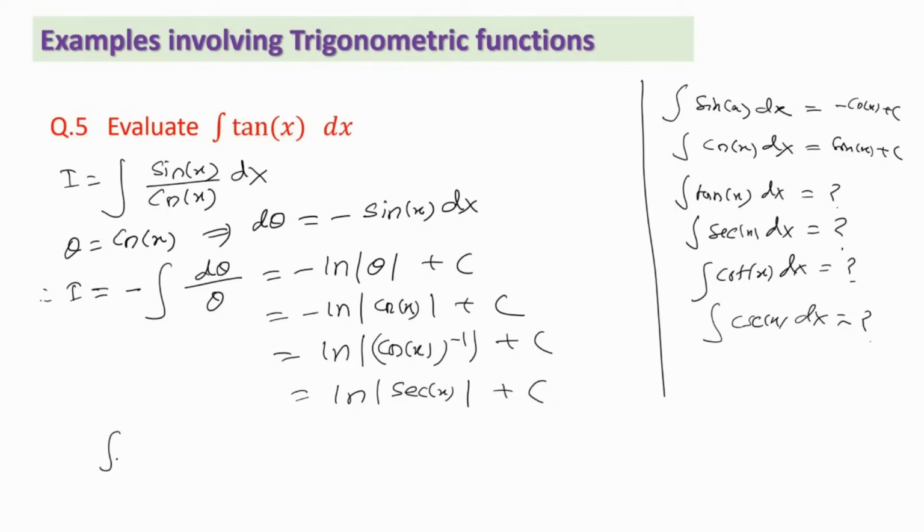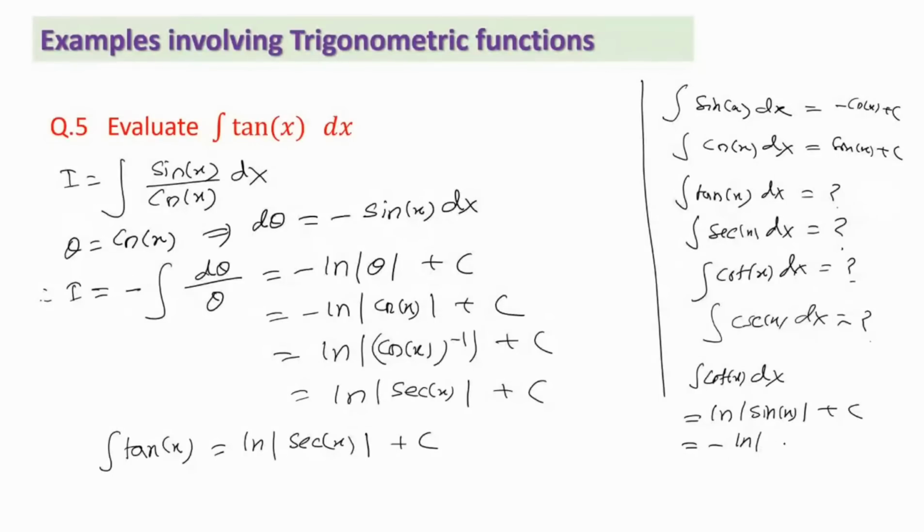So you have to memorize this formula: the integral of tan x is ln of the absolute value of secant x plus c. In a similar way you will get the cotan x: the integration of cotan x dx is ln of sin x plus c, or minus ln of cosecant x plus c.